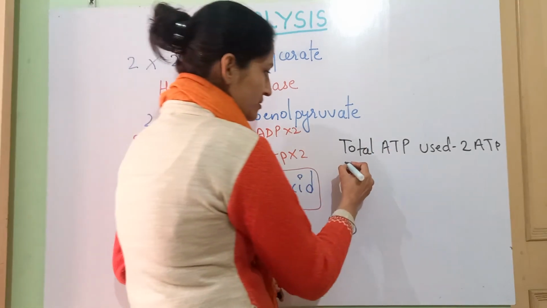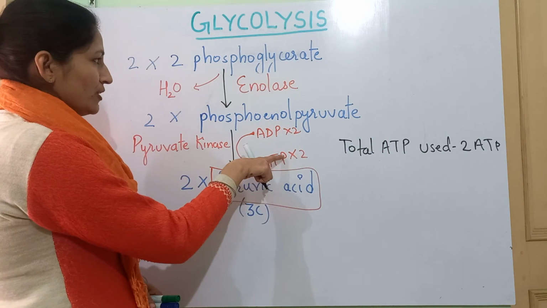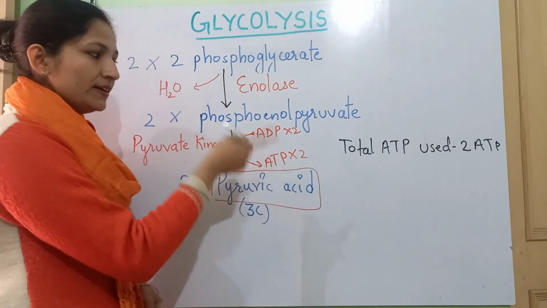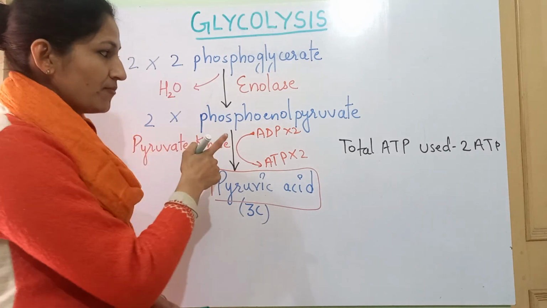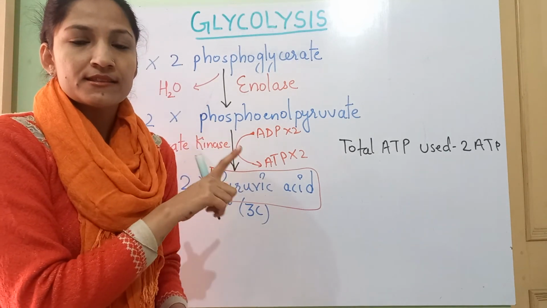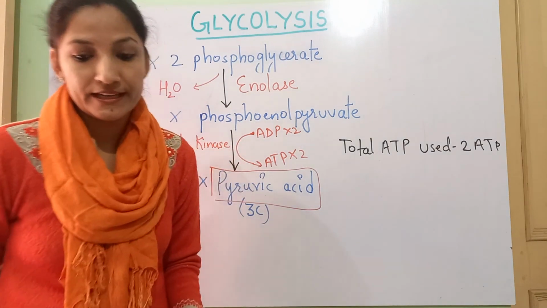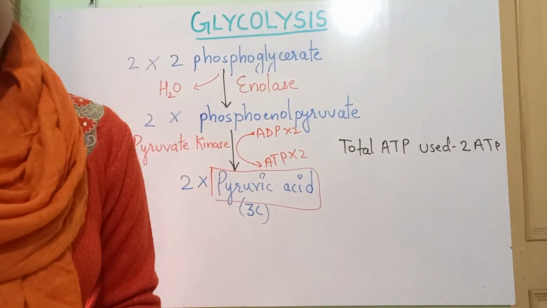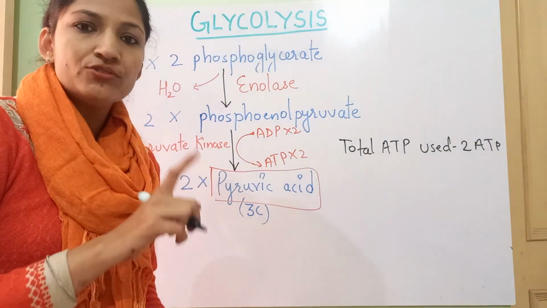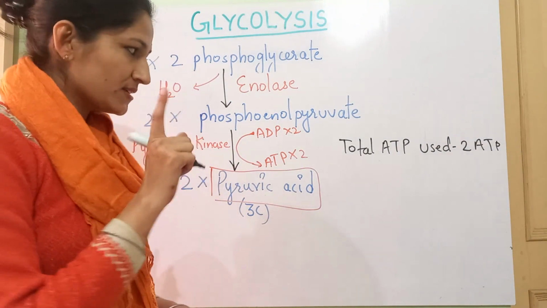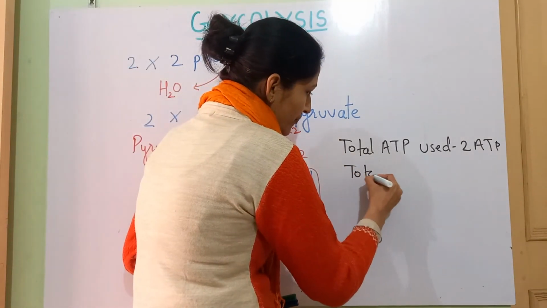So 2 were used, and 2 molecules of ATP were formed at the step when the phosphate was removed and added to ADP, when 1,3-bisphosphoglycerate was converted into 3-phosphoglycerate. 2 molecules were formed at that time.